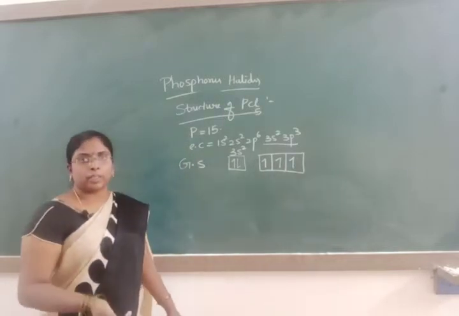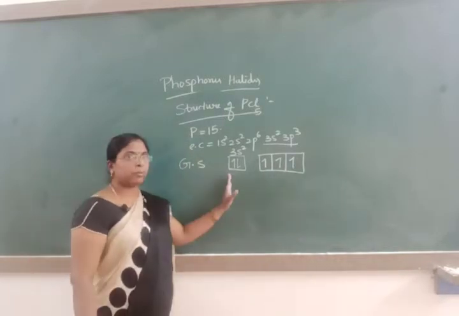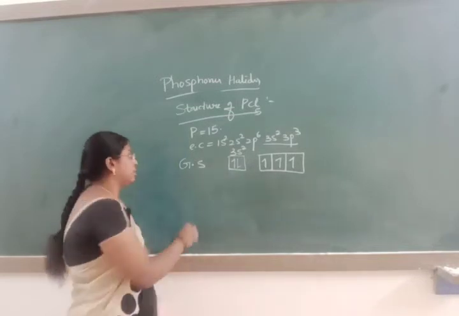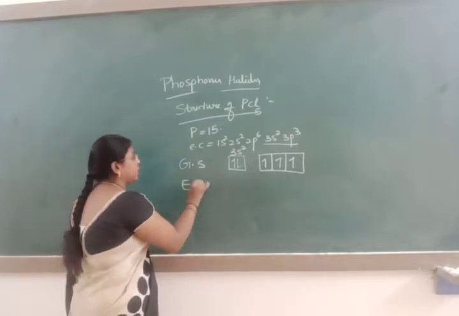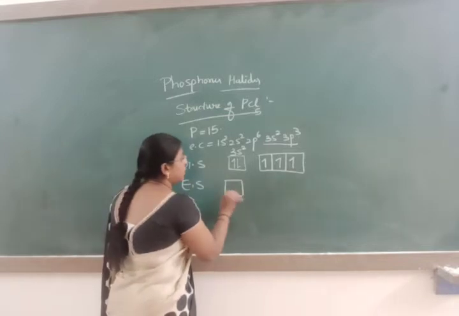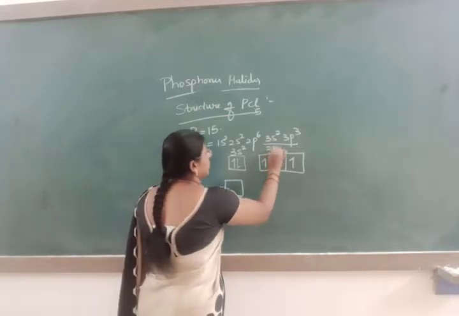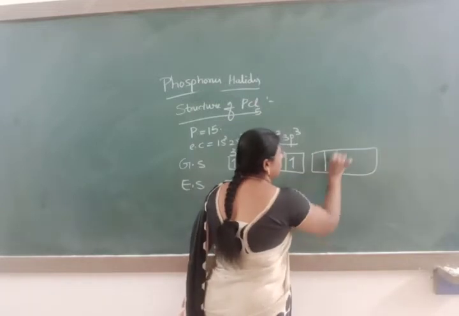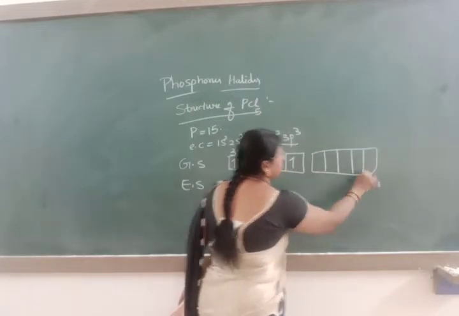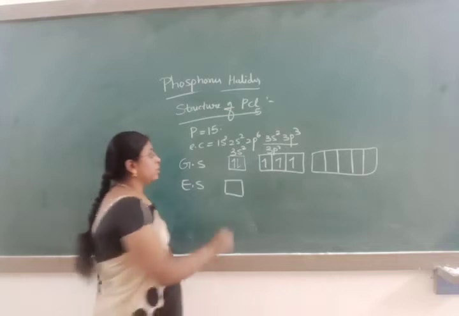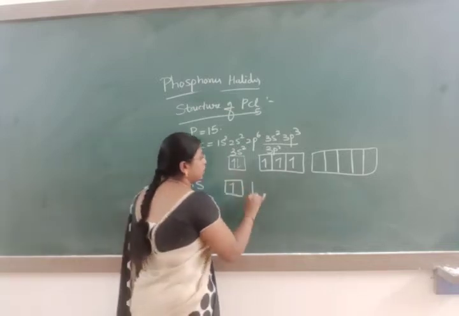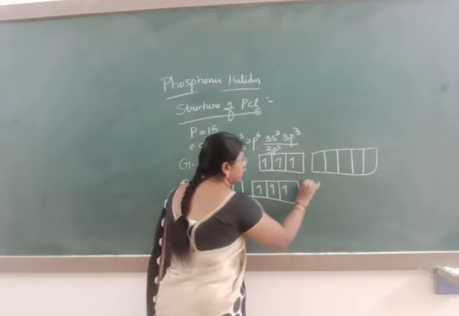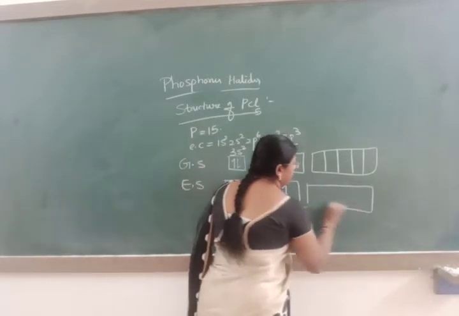But in the excited state, 1 electron from 3s jumps to the vacant d orbital.